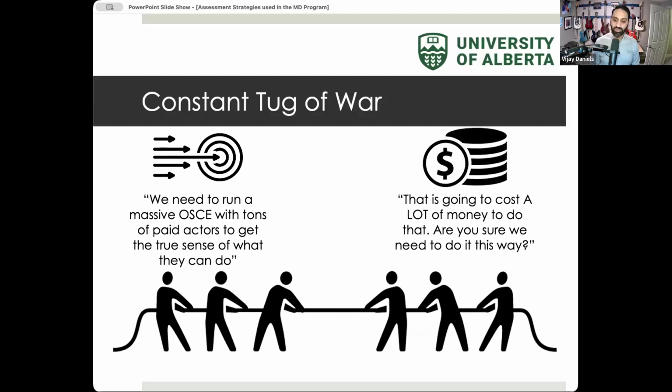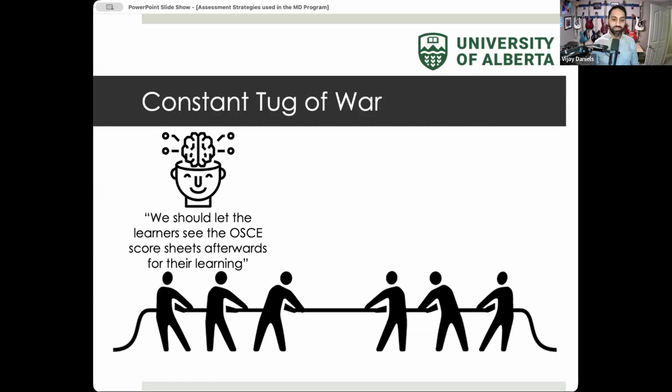And this always needs to be something we think about. We should let the learners see their OSCE score sheets for their learning. That is actually something we do in the MD program for their year 1 and 2 physical exam OSCE stations. And the reason is, when you show a student they missed examining the JVP or whatever it is, it's not really giving away the exam bank.